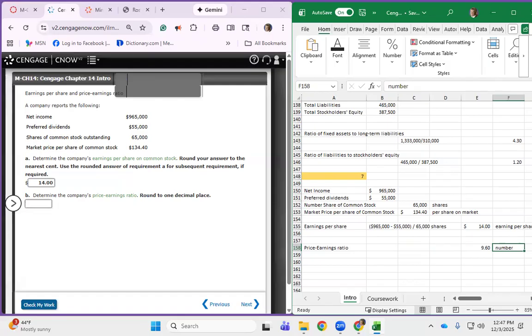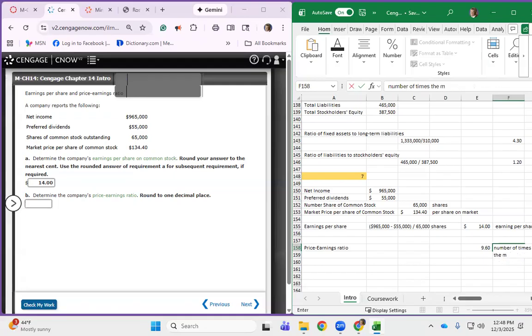Actually, that's how many times. Number of times the market price... I'm trying to think of a good way to say this.